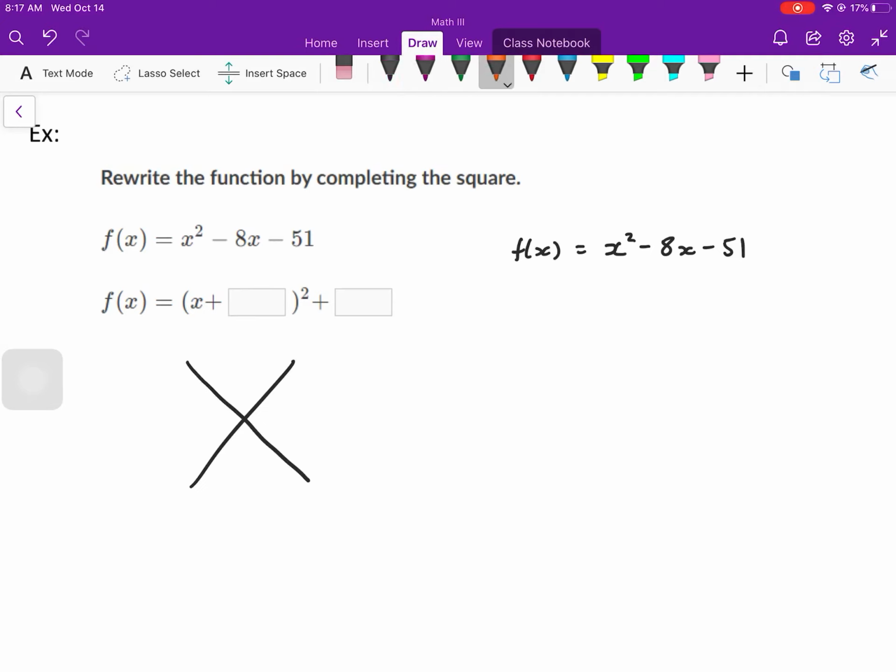Our b is negative 8, so that means negative 4, because half of negative 8 is negative 4. Negative 4 minus 4 is negative 8, so that's good. Negative 4 times negative 4 is positive 16. That's the number we're going to use. It's our magical number. So I'm going to add 16 and take it away.